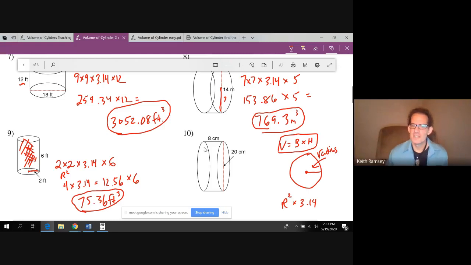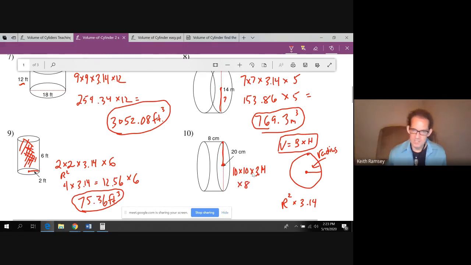So for number 10, I don't want 20, because that's called the diameter. I want the distance from the edge of the circle to the center. That's radius. So half of 20 would be 10. So 10 times 10 is radius squared times pi, and then times the height.